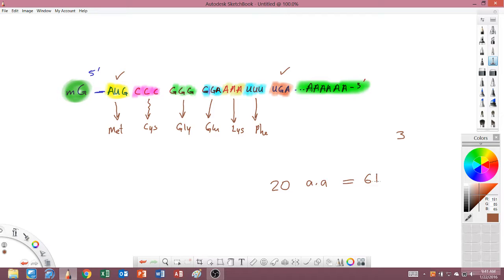For example, glycine I think has 3, and I think phenylalanine has 4. Some will have 1, some will have 3, some will have 2. So there will be some amino acids that have multiple codons. Okay? And a term used for this is that the genetic code is degenerate. Degenerate, meaning that there are some codons that code for a single amino acid.